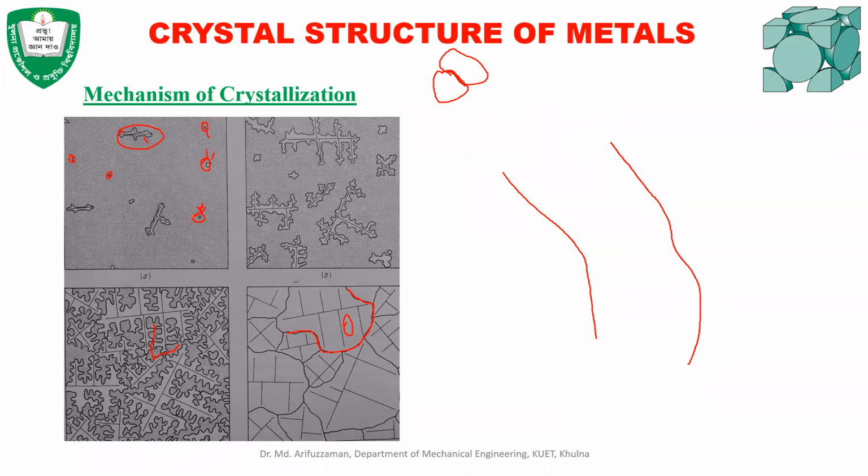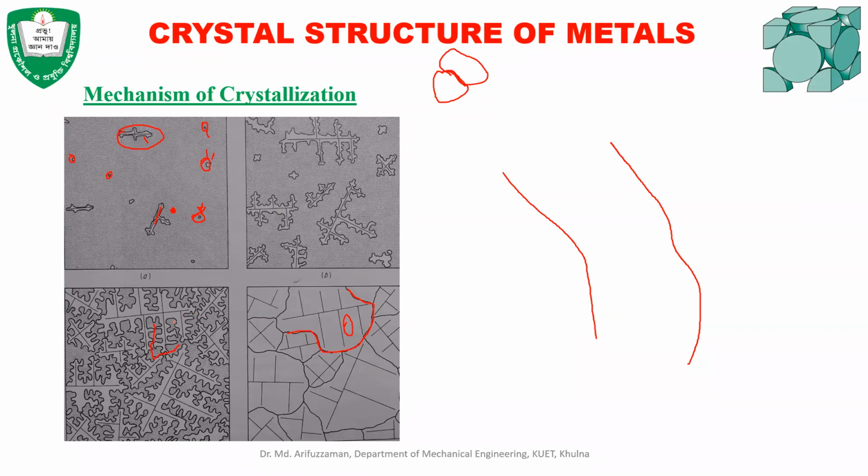This will be the solid part. Okay, and the solid liquid interface that I was talking about: this is the crystal, which is solid, and this is liquid. When more atoms come close to the crystal, the crystal starts to grow.